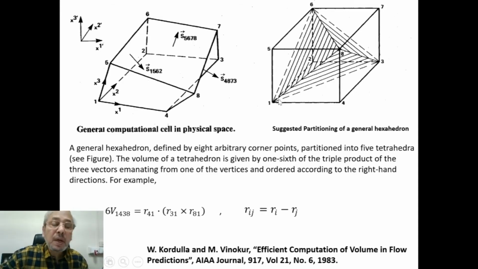Another is given by 1, 6, 5, 8. Another is given by 3, 6, 7, 8.